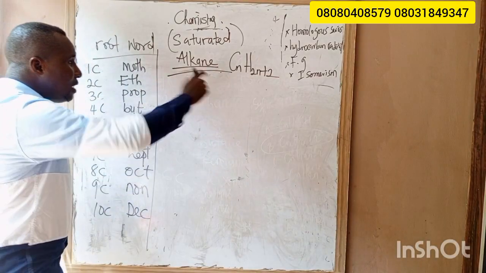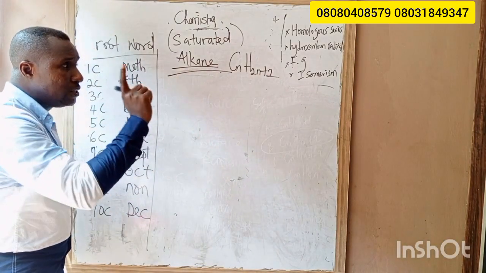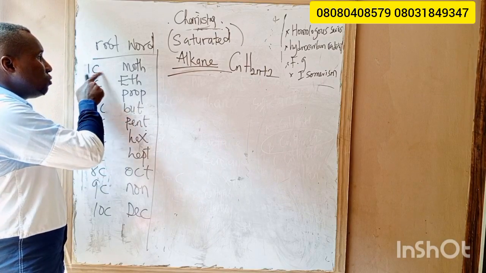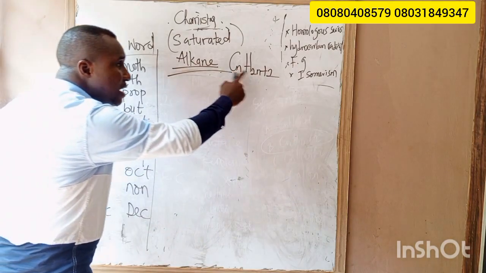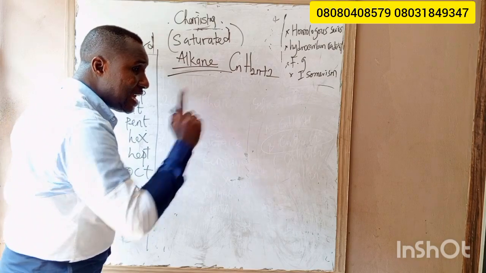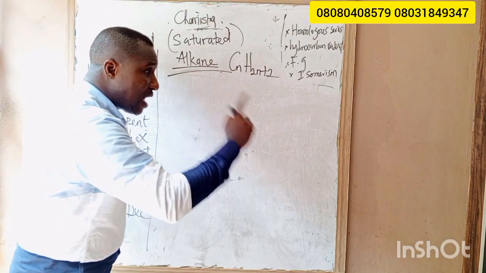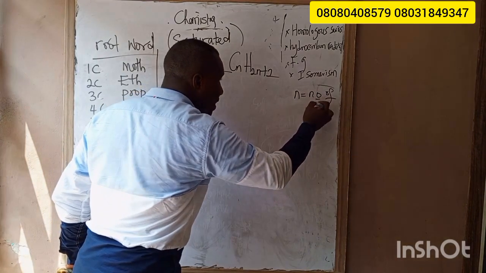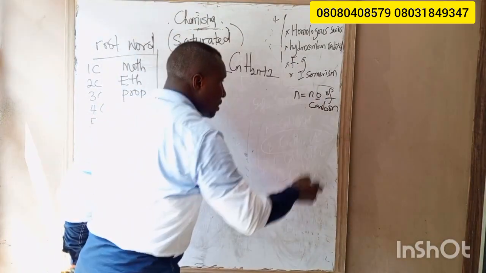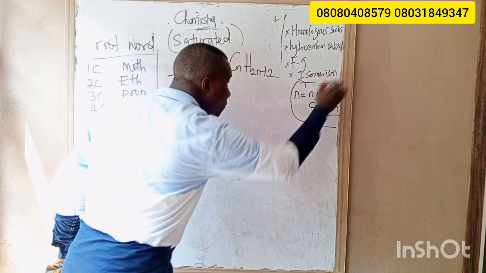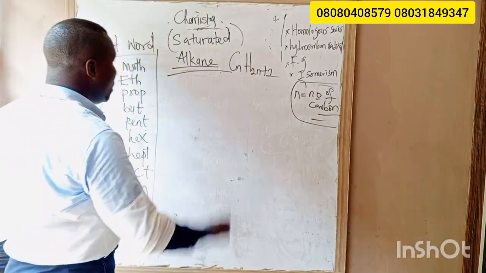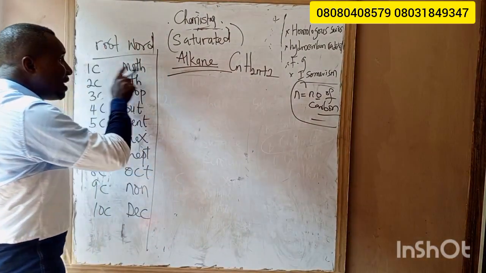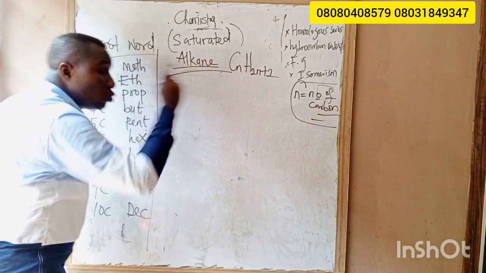Then look at this. I told you the first member is when you have one carbon. And n means number of carbon. Take note: n means number of carbon. When you want one carbon, that means n is 1.